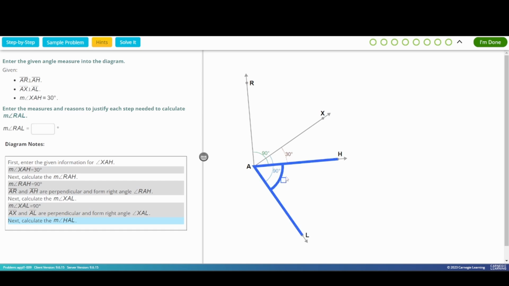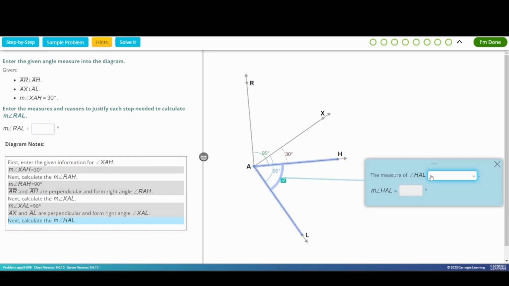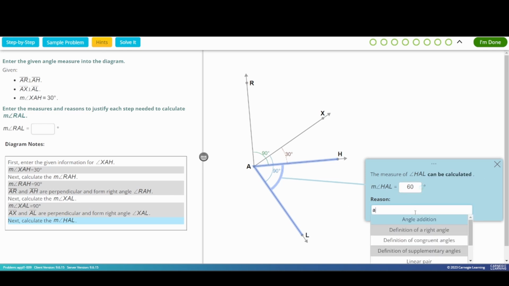And all right, so now I need this guy. Well, if XAL was perpendicular or formed a 90-degree angle, and this one's 30, then I should be able to figure this out by doing 90 minus 30. So that can be calculated. 90 minus 30 is 60 degrees. The reason for that: if I add those two up, 30 plus 60 is 90. So this is angle addition.